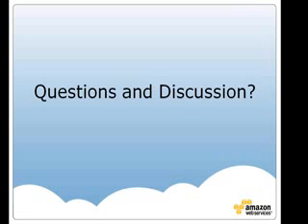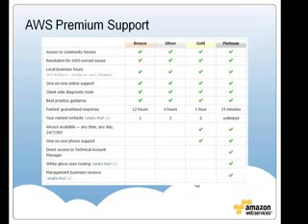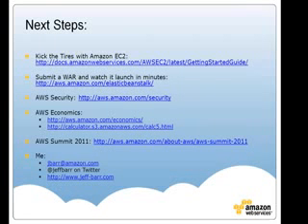We are still working to support the Elastic Load Balancer and auto-scaling inside of the virtual private cloud, so you would need to run the load balancer outside the virtual private cloud currently. Happy to discuss all those details if you want to follow up outside of our webinar. Jeff, can you go back to the next steps to show your contact on that? Sure. There you go. Mike, hopefully that helps.